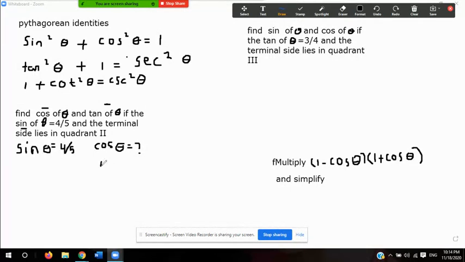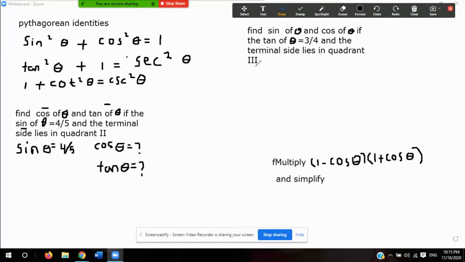Out of all three trigonometric identities that I have written there, the one that fills in most of the gaps is the first one, which says that sine squared of theta plus cosine squared of theta equals 1.